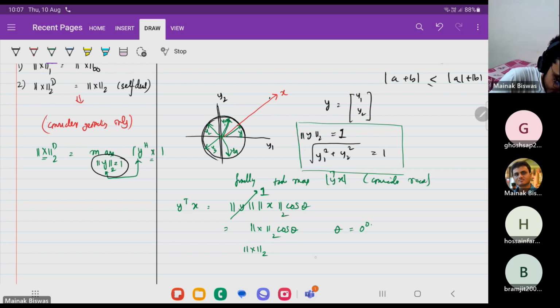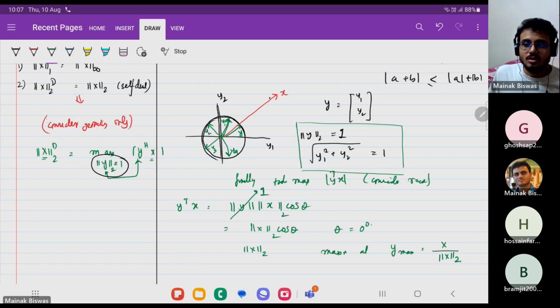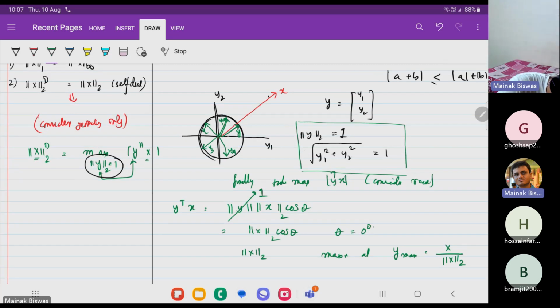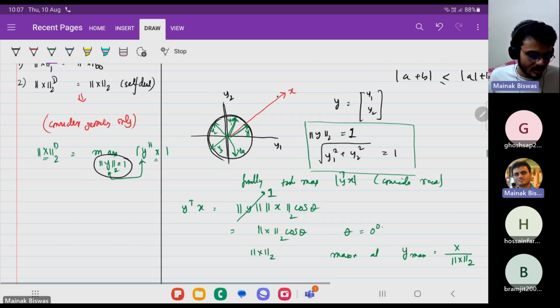So it will be maximum at y max equal to x by norm x. Yes or no? This is all Euclidean. Nice, right? So this will be just the scaled version of x that will give me the y.